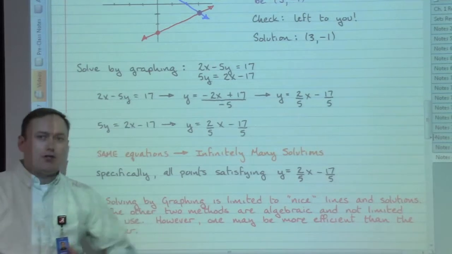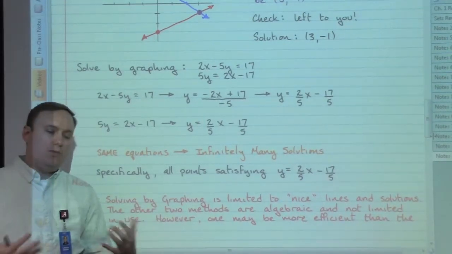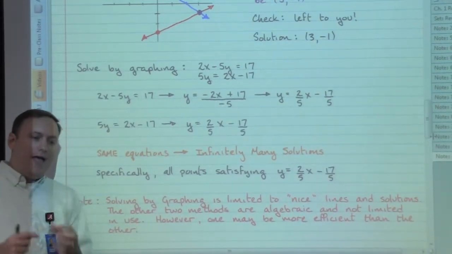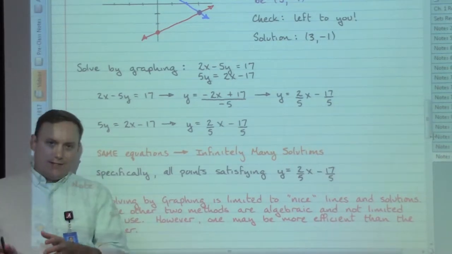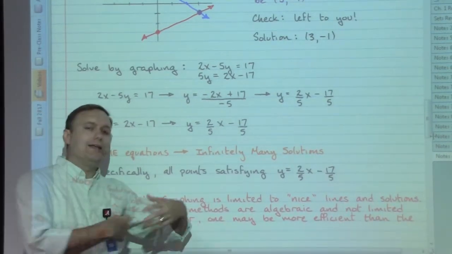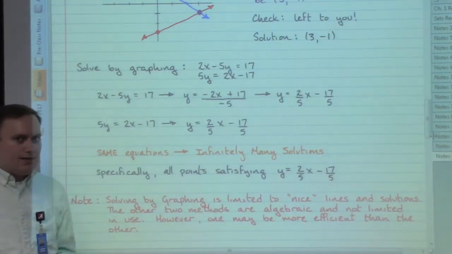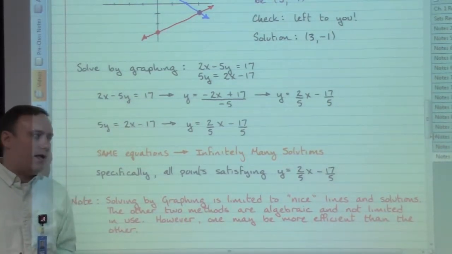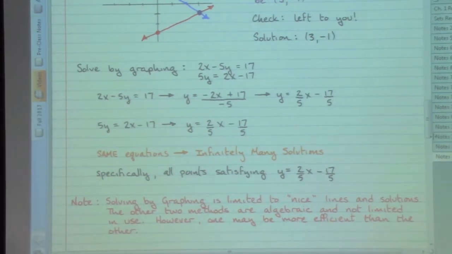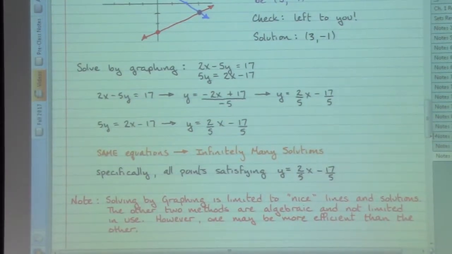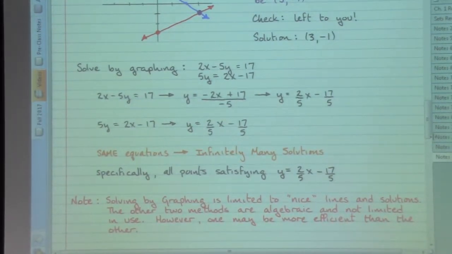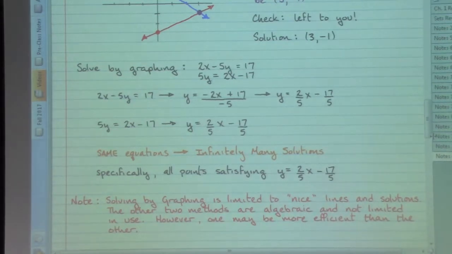So we need actual algebra steps that we would be able to work through and flat out come up with x is equal to this number, or y is equal to this number. And that way, whether they're nice or not nice numbers, we have exactly what we need. So that's where those other two types of methods of solving systems are going to come into play.